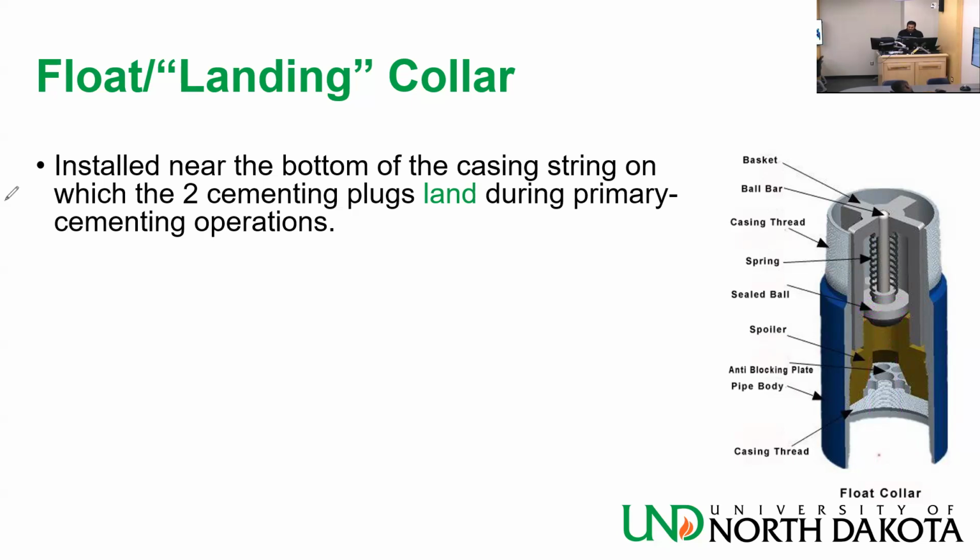If you apply more and more pressure, this spring gets compressed. It moves down and creates a pathway for the fluid, which is cement, to move through the basket and down hole.